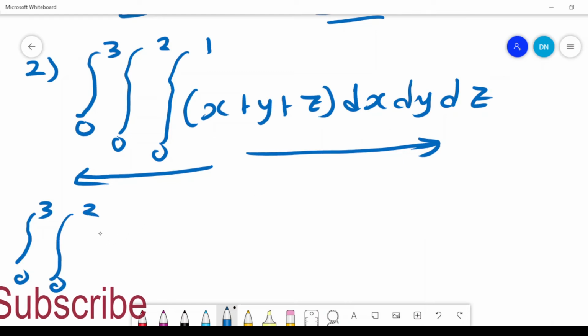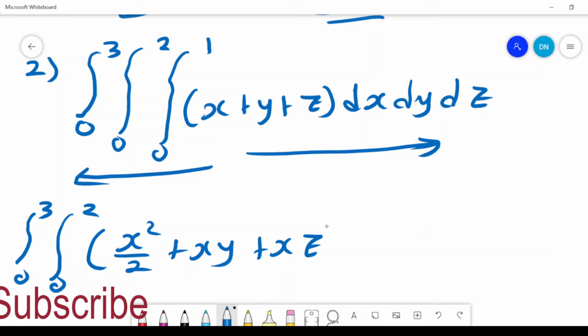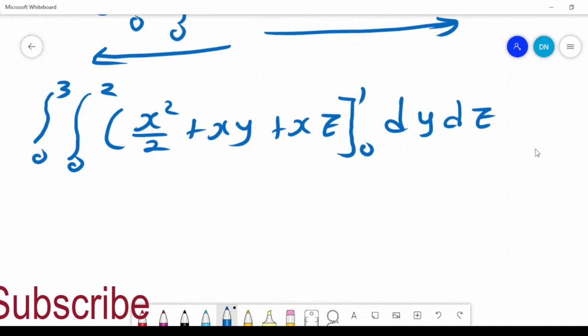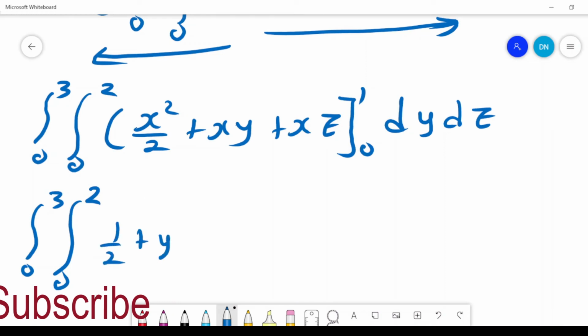I integrate with respect to x, which is x squared over 2 plus xy plus xz. Then I substitute the limits of integration from 0 to 1. So whenever there is x, I'll put 1, and therefore it is the integral from 0 to 3, 0 to 2. When x is 1, it will be a half plus y plus z, then minus 0, so I'll ignore that.